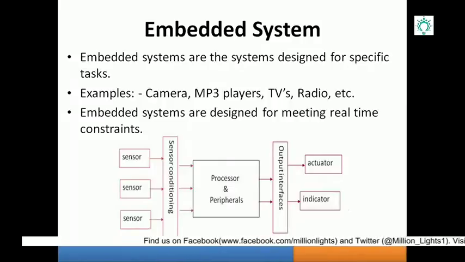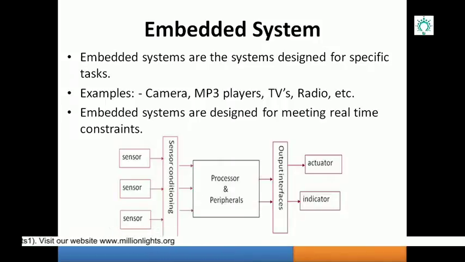If you take a look around yourself, you will see that you are surrounded by numerous embedded systems. For example, you will have an AC in the room. That is again an example of an embedded system. And washing machine, fridge, refrigerator, oven, everything is an embedded system. These are the standard embedded systems.